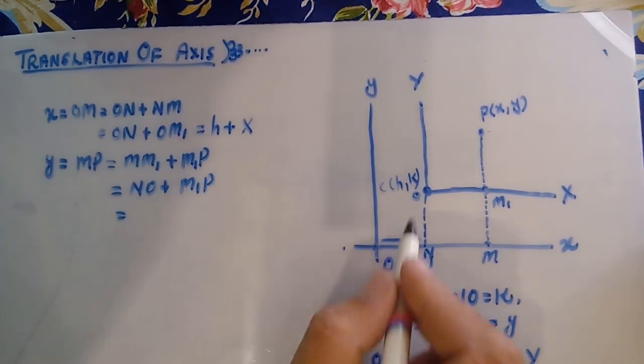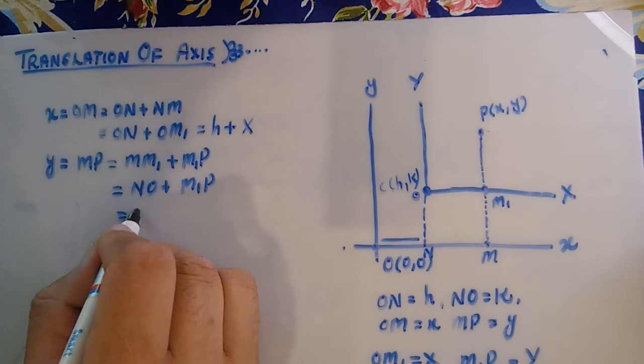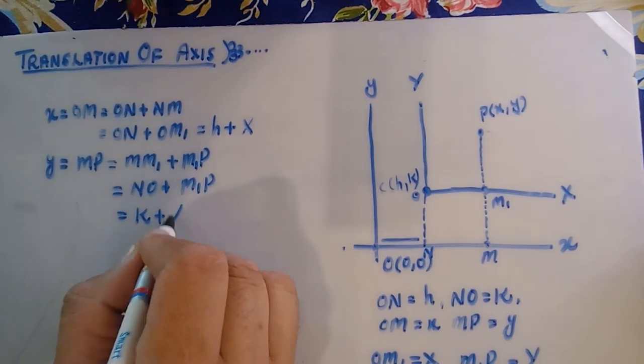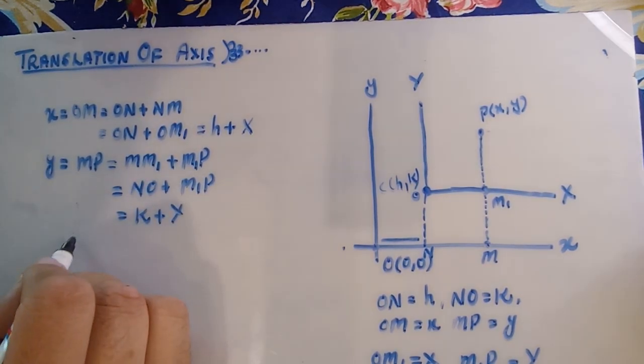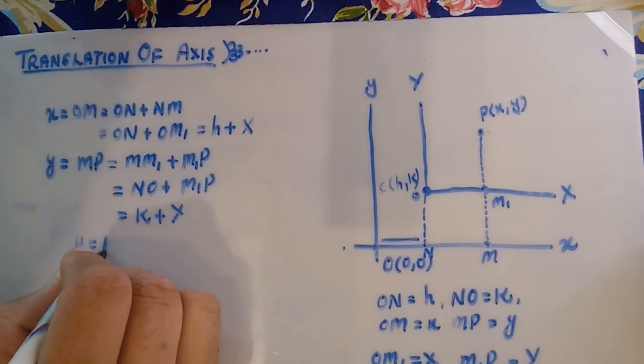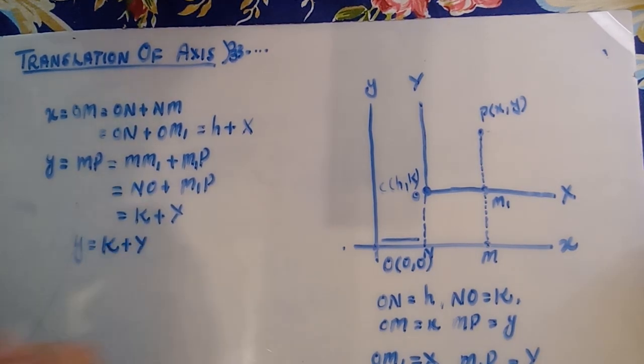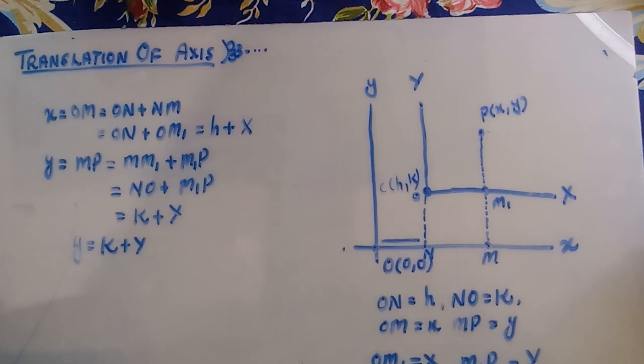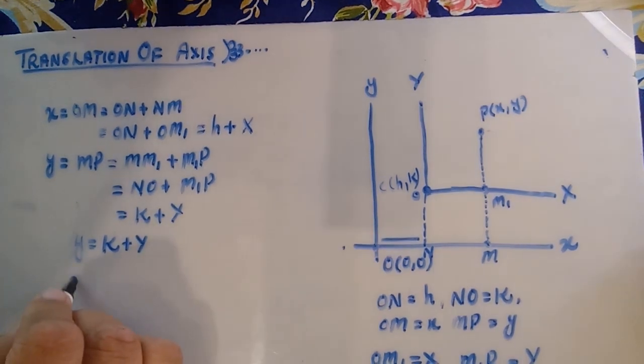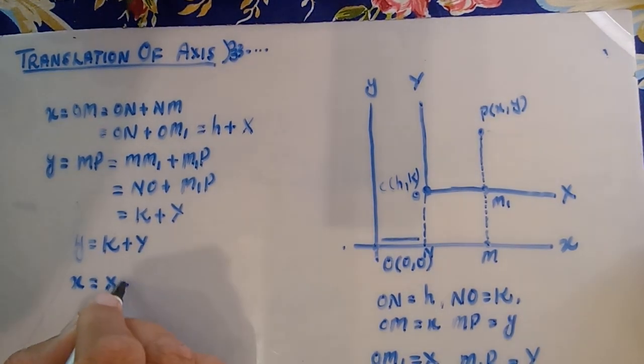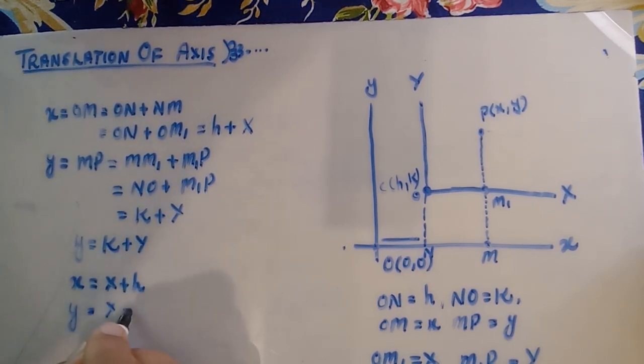And NO' is equal to k, and M1P is equal to Y. So y is equal to k plus Y. Or simply we can say that x is equal to X plus h, and y is equal to Y plus k.